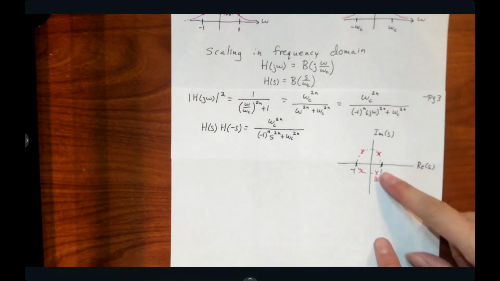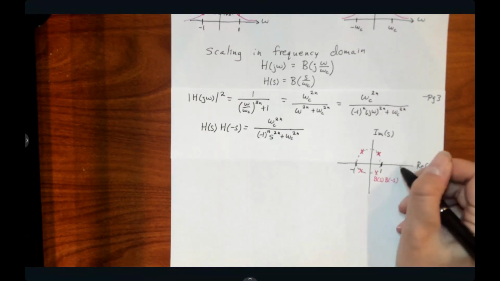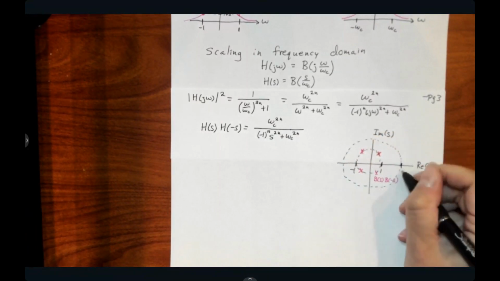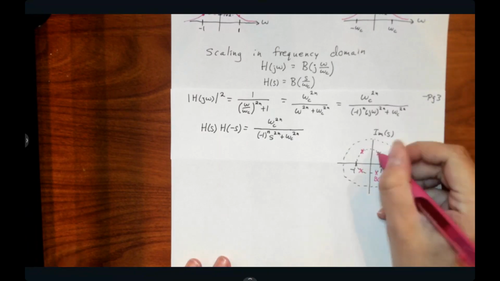Instead of everything being on the unit circle, you would have everything on a circle with radius omega c, our new cutoff frequency. What's interesting is that the angles are actually the same.